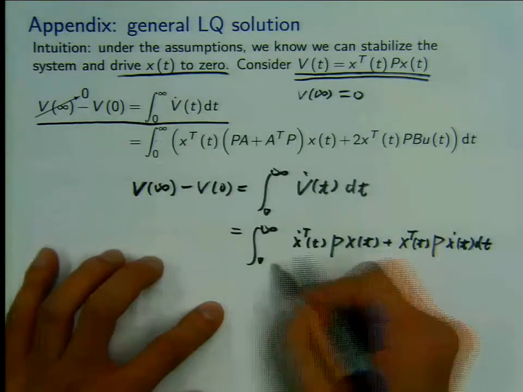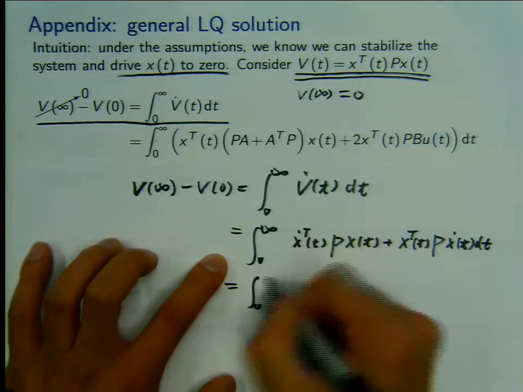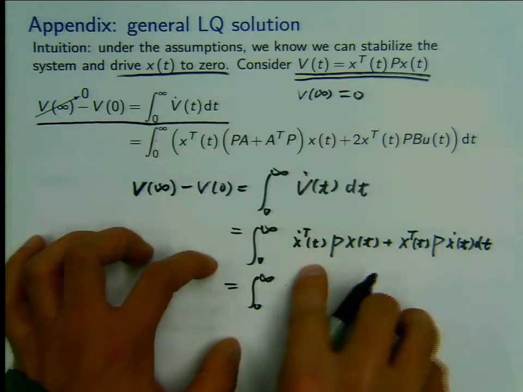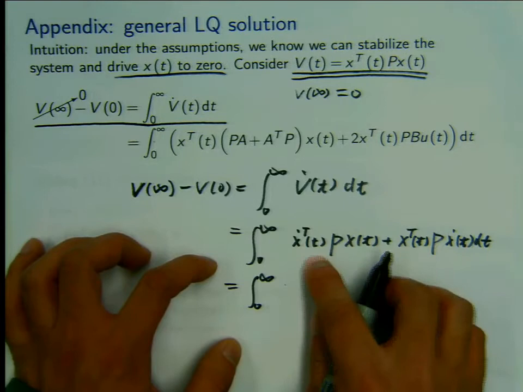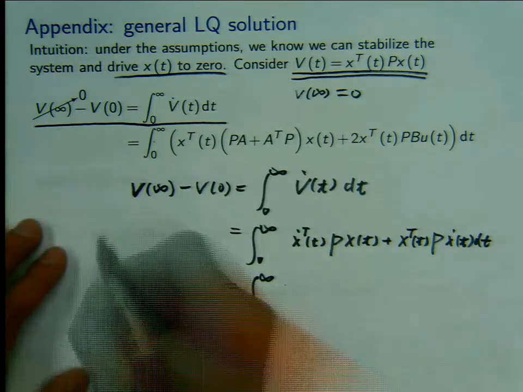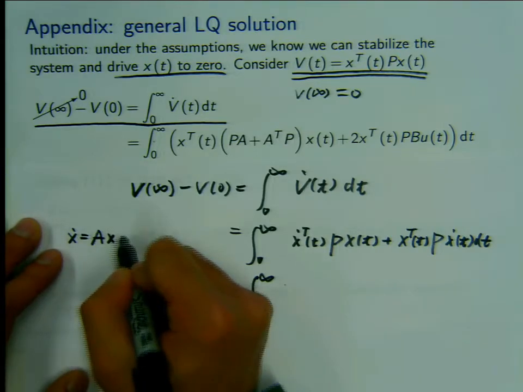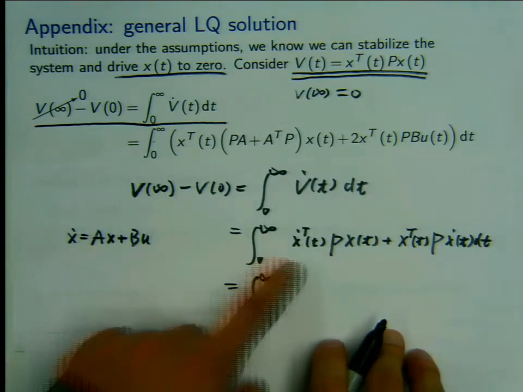So from this, you can actually get a little bit more intuition of how the Riccati equation comes from. What's x dot of t in this case? I have assumed that x dot equals Ax plus Bu. Okay, so put this here.